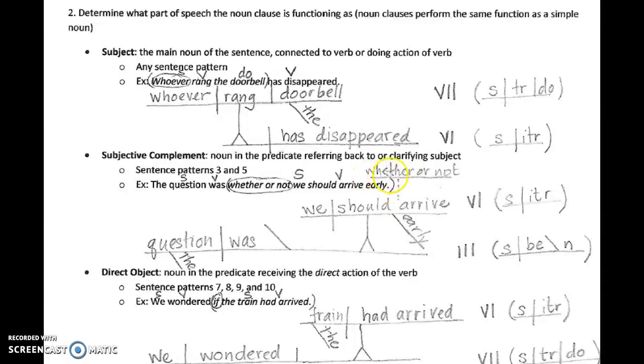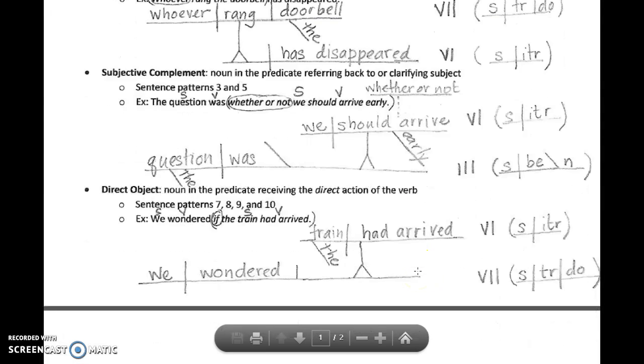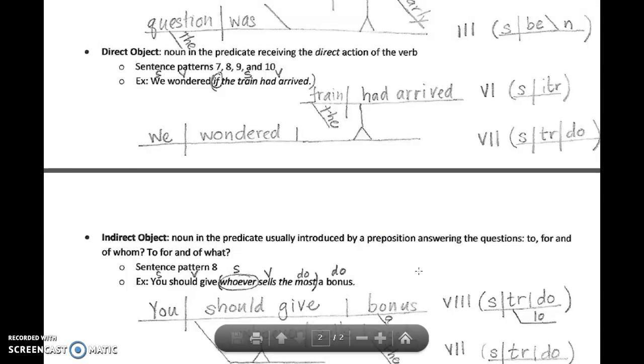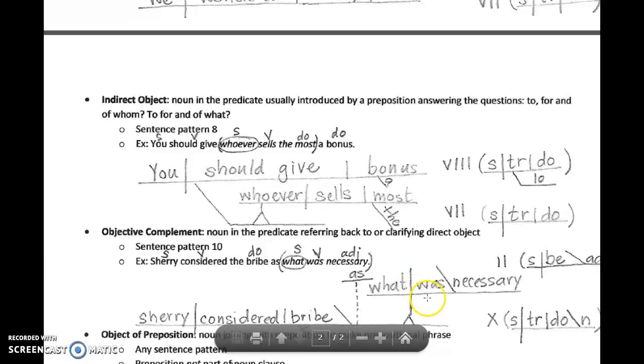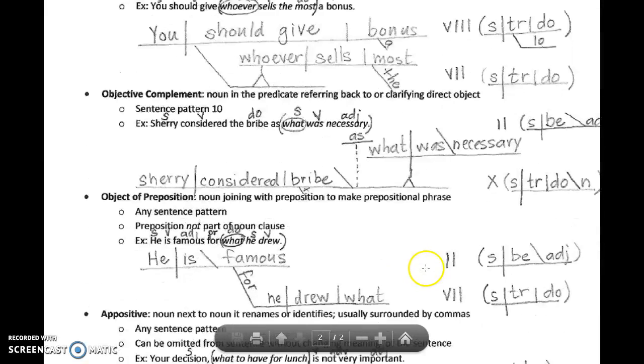It's not part of the meaning of the sentence. And so that one would be diagrammed just, it's a normal sentence with subject, verb, etc. Whoever, again, we've seen that one. Here we have what was necessary, again, functioning as the subject.